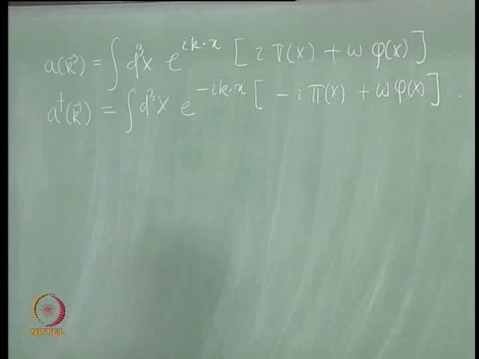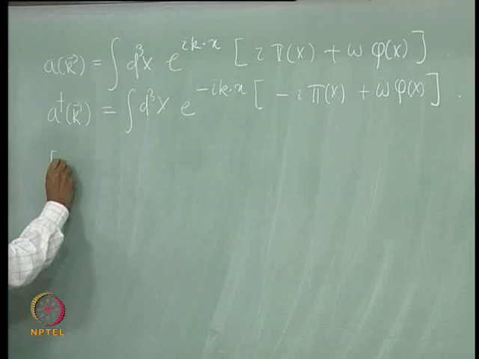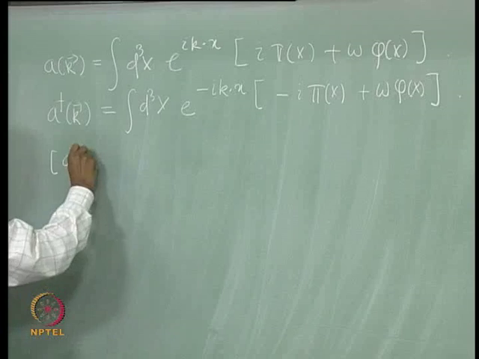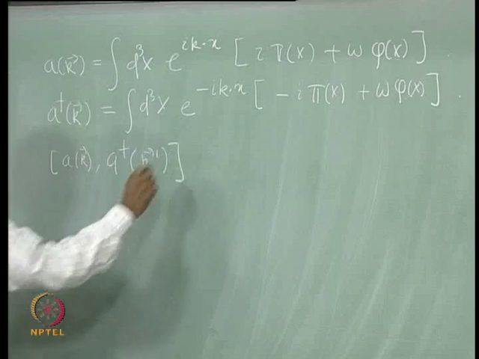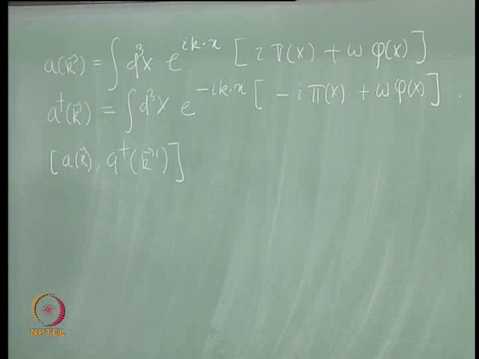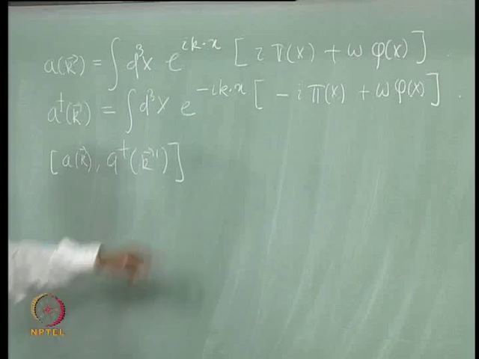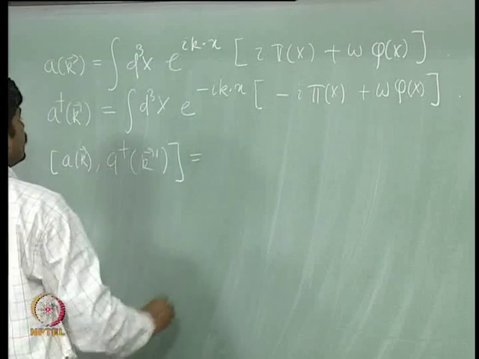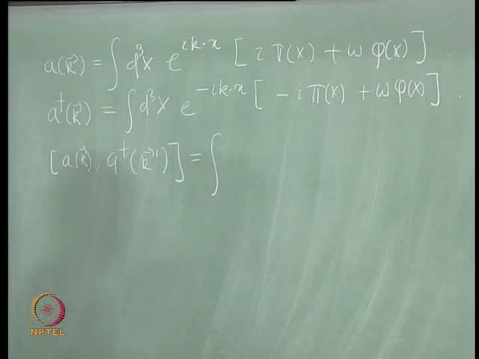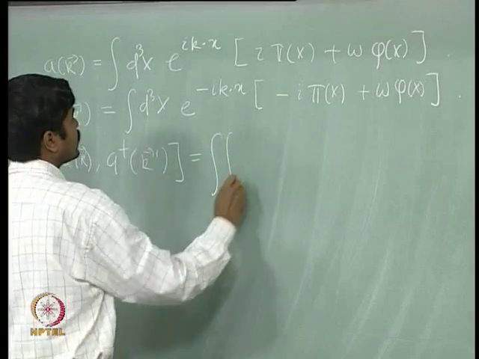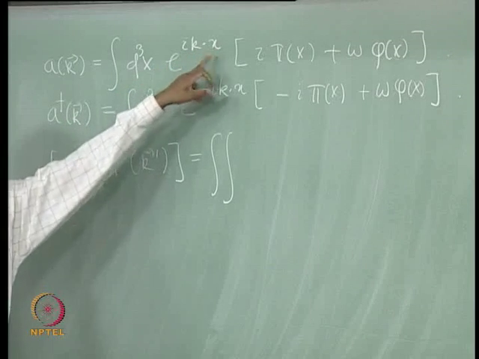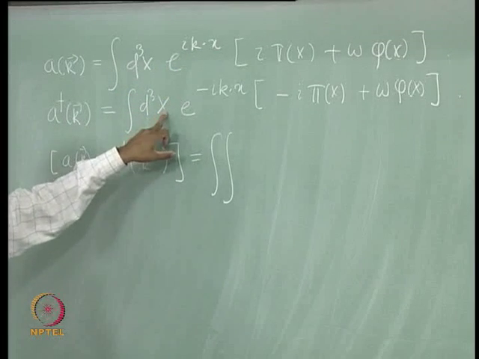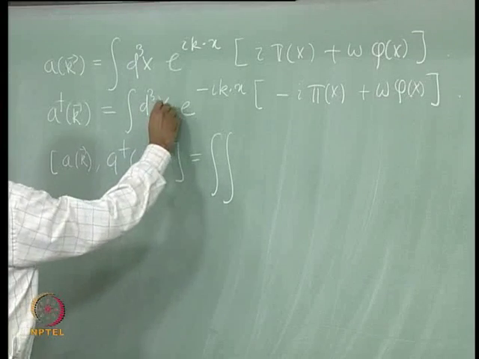What we will now do is find the commutation relation of a(k) and a dagger(k prime). All right. This commutation relation will simply be an integration; we have two integrations. In the first, I will use x as the integration variable, and in the second expression, I will use x prime as the integration variable.